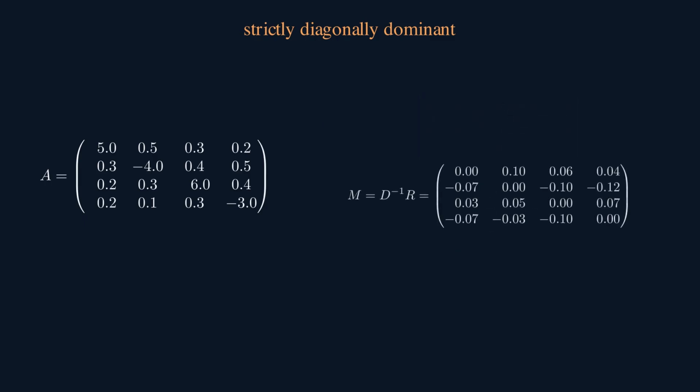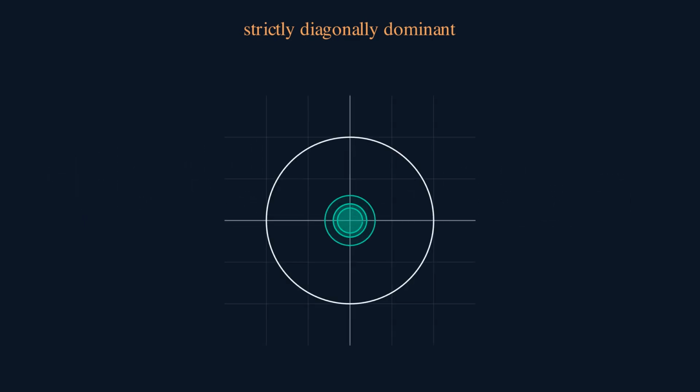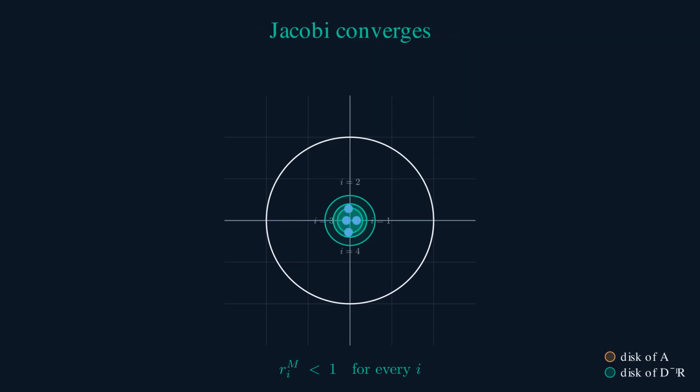Now look at D inverse R. Its diagonal is 0. Every off-diagonal entry got divided by the diagonal it came from, which was large. So when you draw the Gershgorin disks of D inverse R, each one is centered at 0 with radius strictly less than 1. Every disk sits inside the unit circle. So does every eigenvalue, and Jacobi converges.